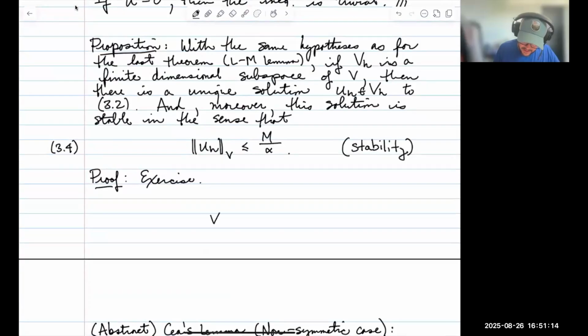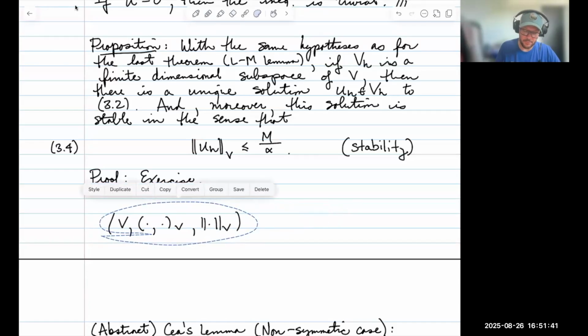We have the space V, and remember it's a Hilbert space, so it's got a bilinear form or an inner product associated to it, which gives rise to a norm, right? So the question is, what norm and bilinear form do we use for the finite dimensional subspace? The answer is we use the exact same ones. That's a very important point.